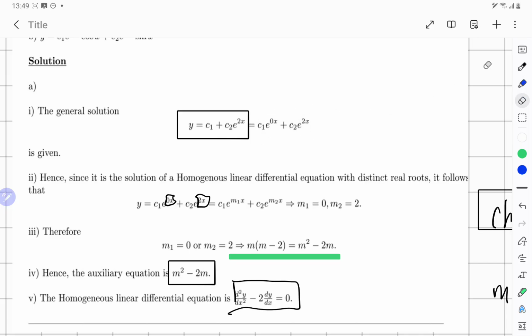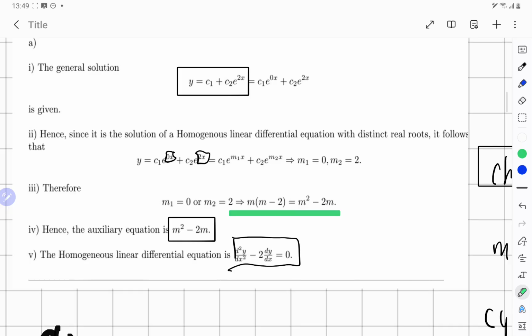So let's recap again. Since they've given us that, we know it will be y equal to C1e to the 0x plus C2e to the 2x. A common mistake students make, because there's just C1, they forget that they have to times by the factor e to the 0x, which is just the 1.